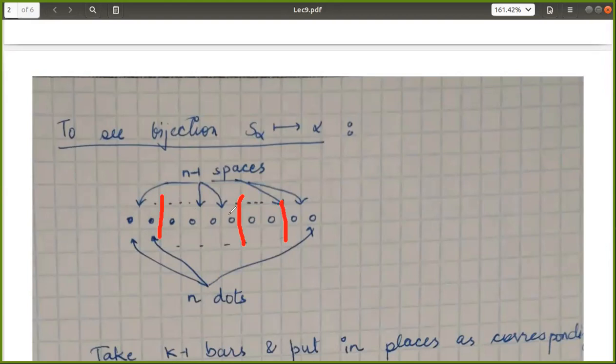First is this partition, second is this partition, third is this, and fourth is this, right? How many elements are there in the first partition? 2. How many in the second? 4. In the third? 2. In the fourth? 2. So this corresponds to alpha equals 2, 4, 2, 2. Is that right?